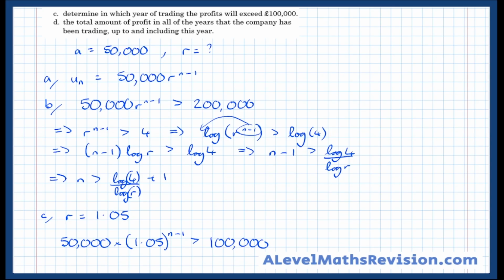On this question, when we did 200,000 divided by 50,000, that gave us the number 4, and that 4 carried through the rest of the question. Well, if we do 100,000 divided by 50,000, we can skip out a lot of working by just comparing it to this one. It's going to be exactly the same answer, but with just log 2 in there and 1.05 on the bottom.